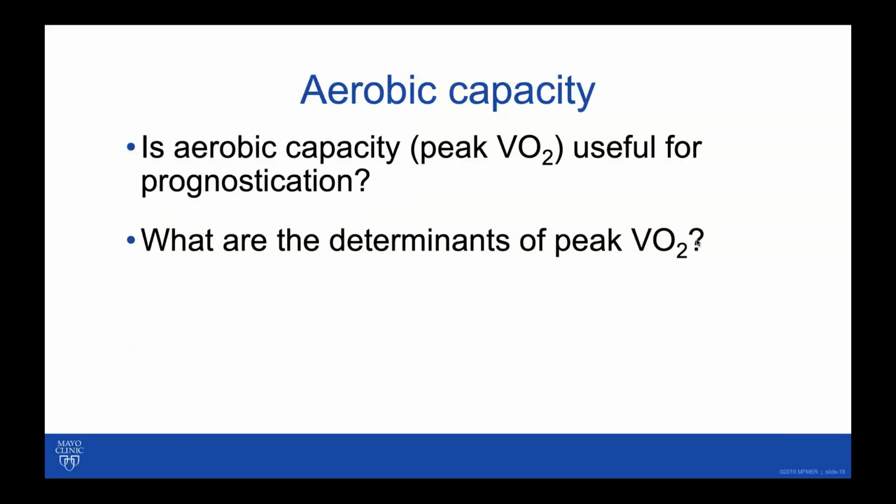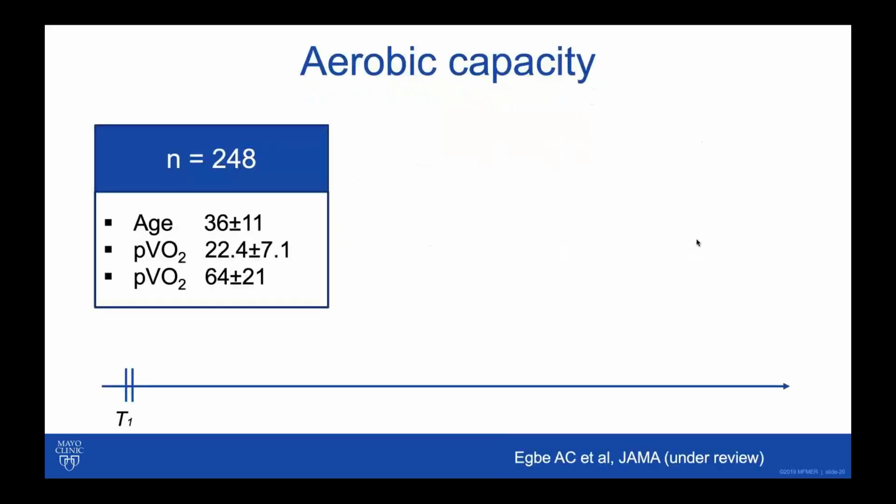So we want to address two questions again. First, is aerobic capacity as measured by peak VO2 useful for prognostication in this patient? And if so, what are the determinants of peak VO2? And hopefully, if we can modify those determinants, we should improve aerobic capacity.